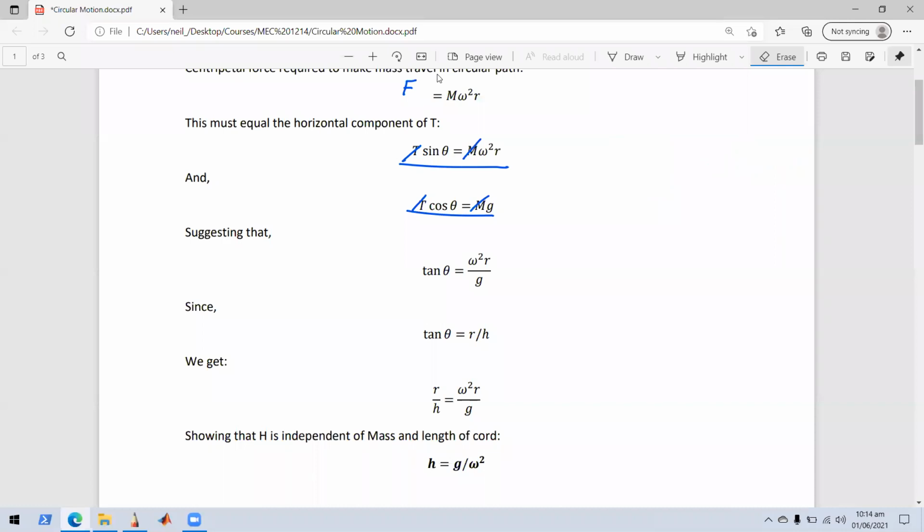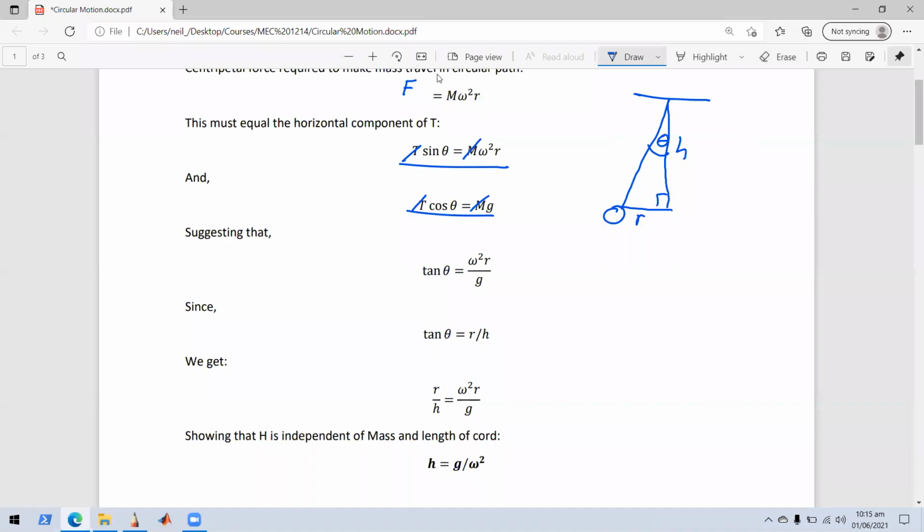Additionally, from our little force triangle that we had here with the pendulum, the mass here, we knew that tan theta is also equal to r divided by h, opposite over adjacent.